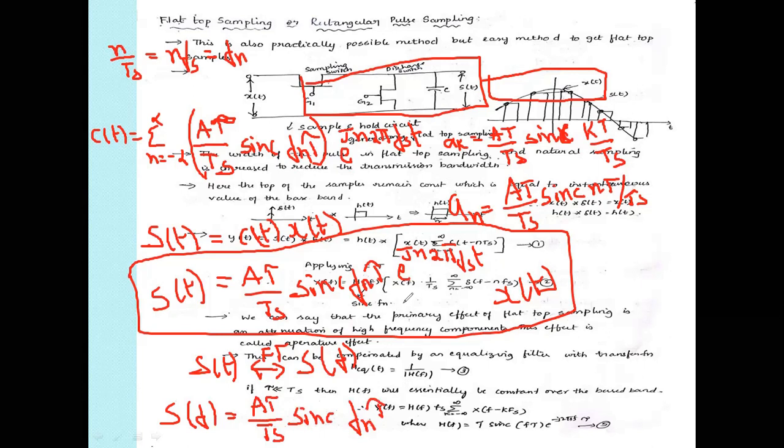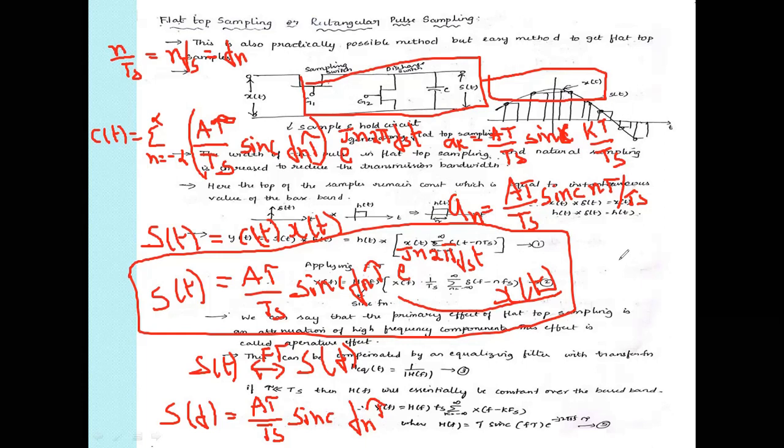Now observe the Fourier transformation of these two functions. What is the Fourier transformation of x of t times e power j n 2 pi Fs t? It means the frequency is shifted by n times omega s, or n times Fs. By using the frequency shift property, x of t is multiplied with the positive exponential.